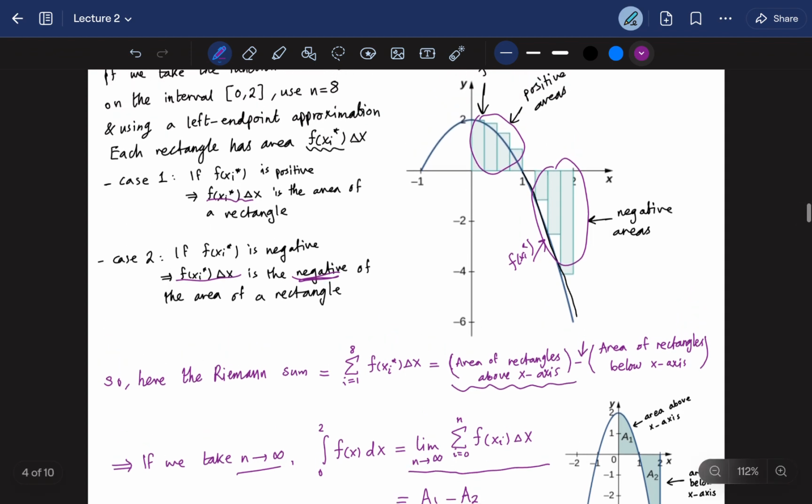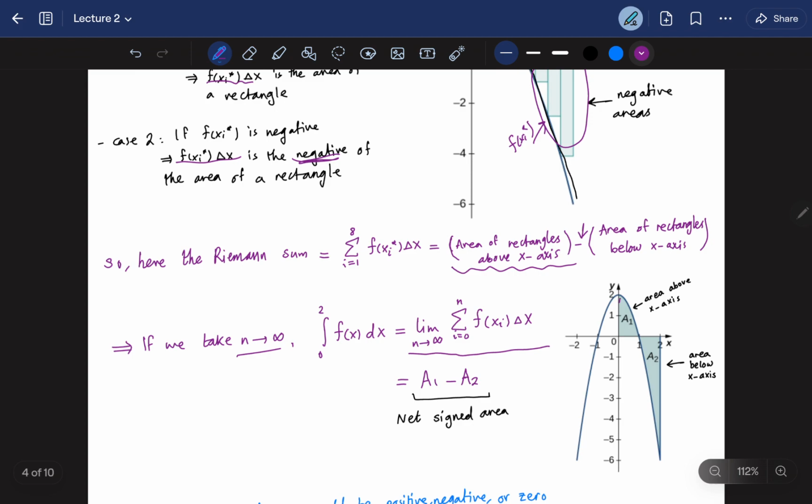But this is going to be equal to the area under the curve in the positive part, which is above the x-axis, subtracted from the area below the x-axis. So we're going to call all areas that are above the x-axis A1, and all areas below the x-axis A2. So to find the overall area, or the net signed area, it's going to be A1 minus A2. So the net signed area is just A1 minus A2.